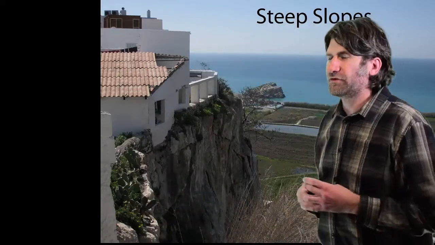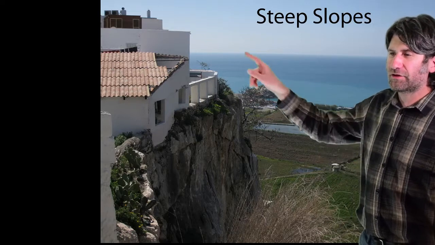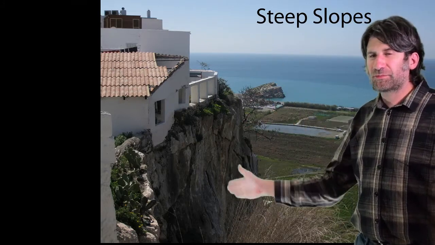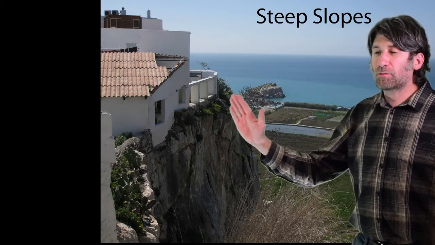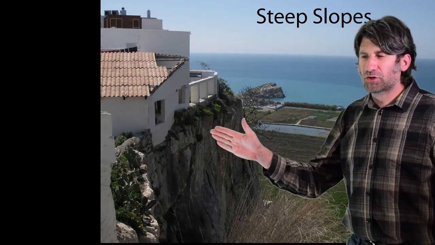We can see some pretty dramatic differences in terms of what hill slopes look like. Here we're looking at Almuñécar in southern Spain. There's the Mediterranean out in the distance there. Look at this very steep slope, this steep cliff. But it's going to be remarkably stable, because we have this house that's built right on the margin of it.